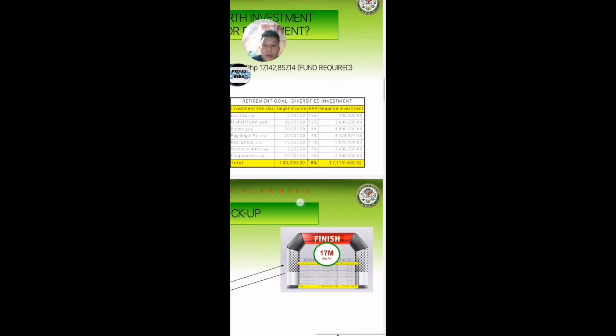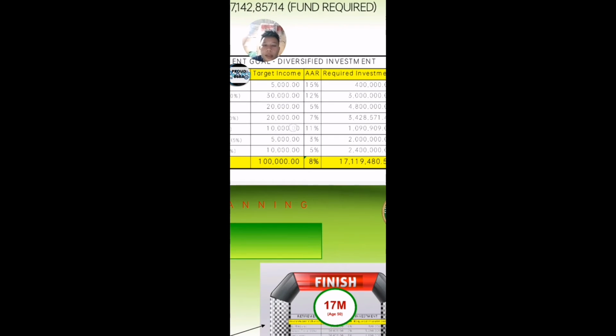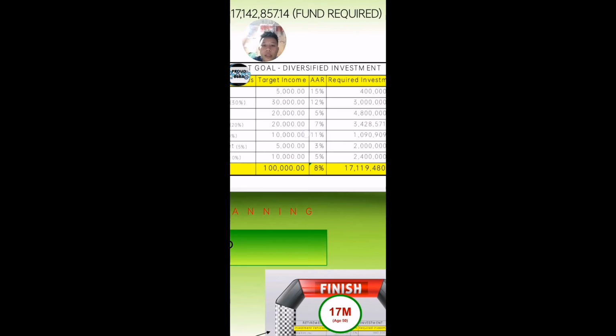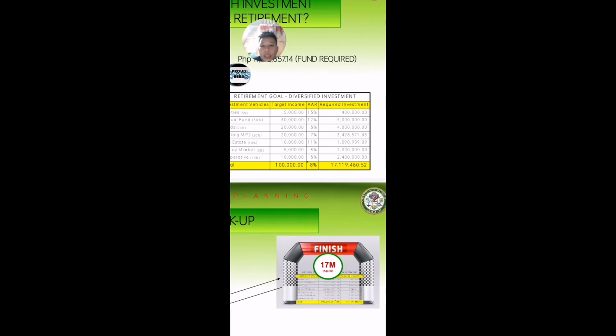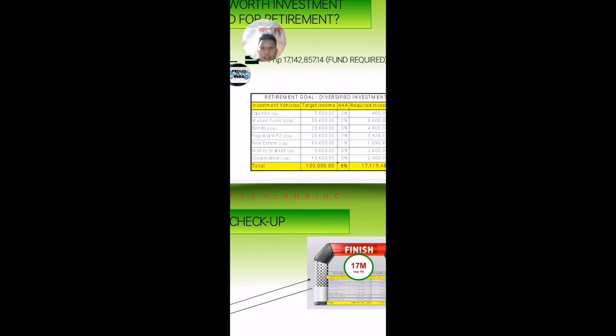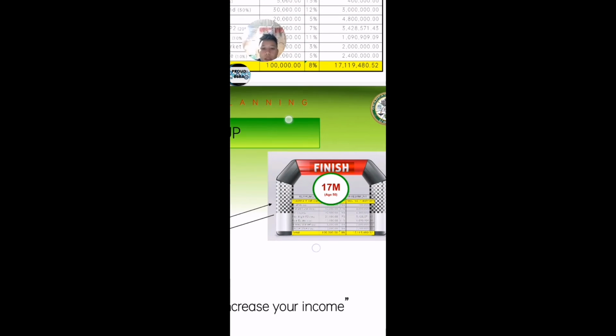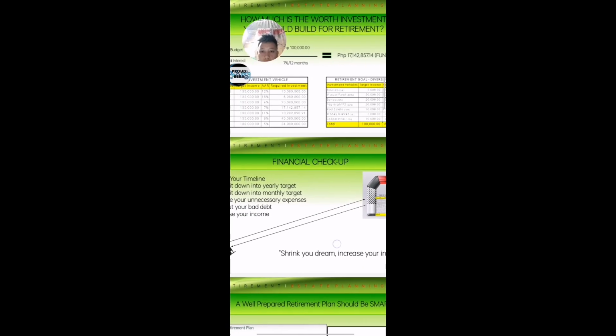Then add everything up, the total is 17,119,480 for the monthly budget of 100,000. So at age 50, he needs 17 million for his retirement plan.